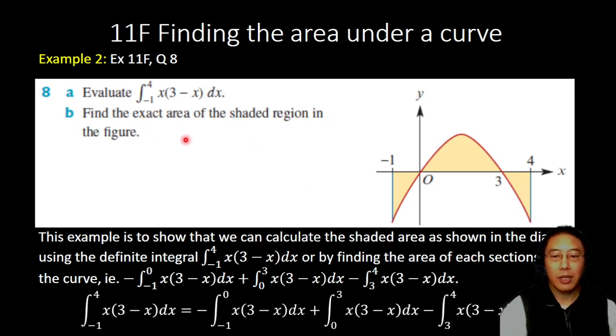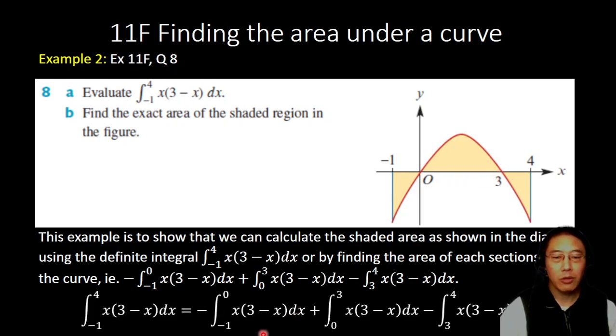Alright, so here I'm just going to focus on part B. For part A, you're just going to have to anti-differentiate and use -1 and 4 as your respective boundaries. For the area, you can see you have two intercepts, 0 and 3.